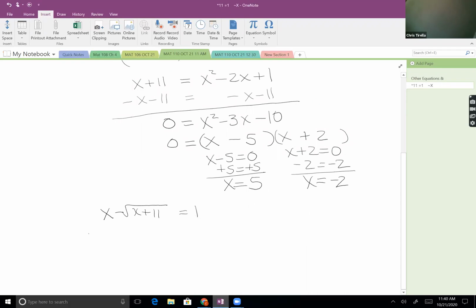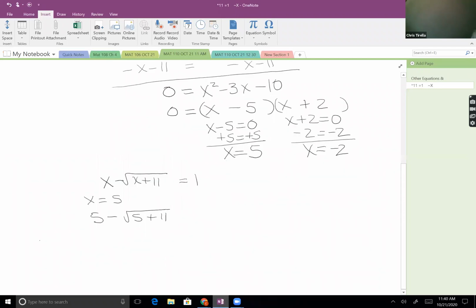And so checking when x equals 5, that gives me 5 minus the square root of 5 plus 11, or 5 minus the square root of 16, or 5 minus 4 equals 1. So I'm happy.